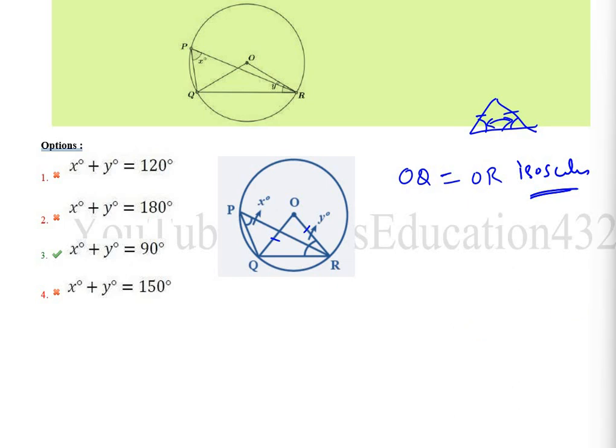One, this is used. The other thing is, for a triangle, the sum of the 3 interior angles is how much? 180 degrees. So that is also used to solve this one.